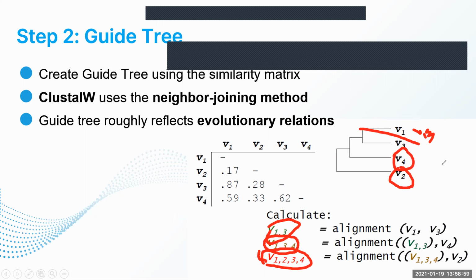So first you align V1 with V3. For that alignment, suppose you have a set of values, and you can introduce some gaps.